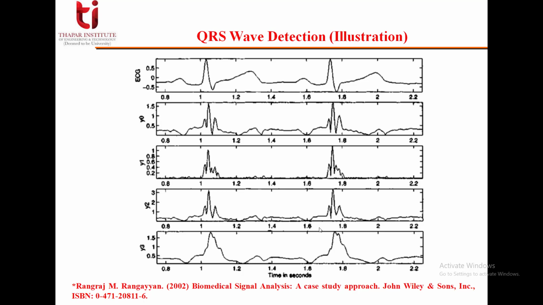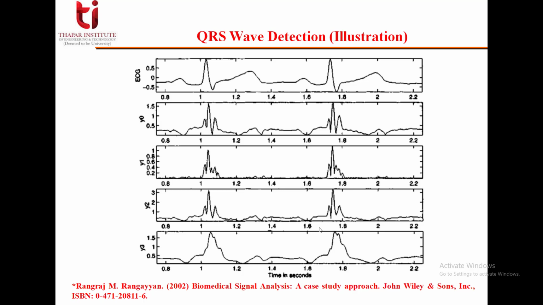After y1, the next step is to take the weighted combination of y0 and y1. We choose 1.3 for y0 and 1.1 for y1 because we want a little more contribution of the first derivative and a little less contribution of the second derivative.